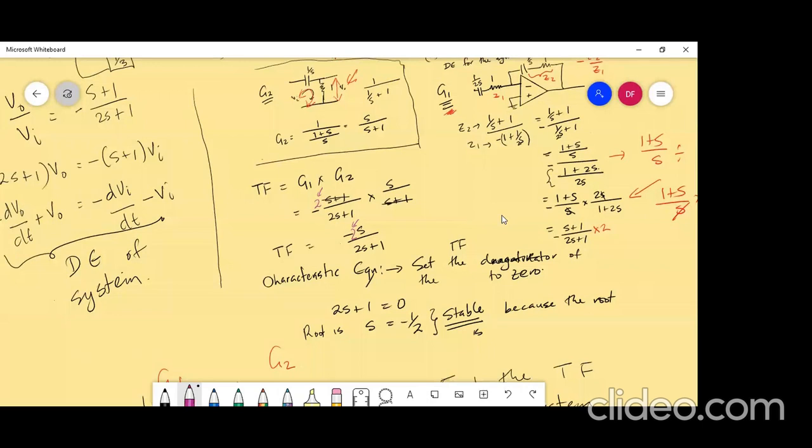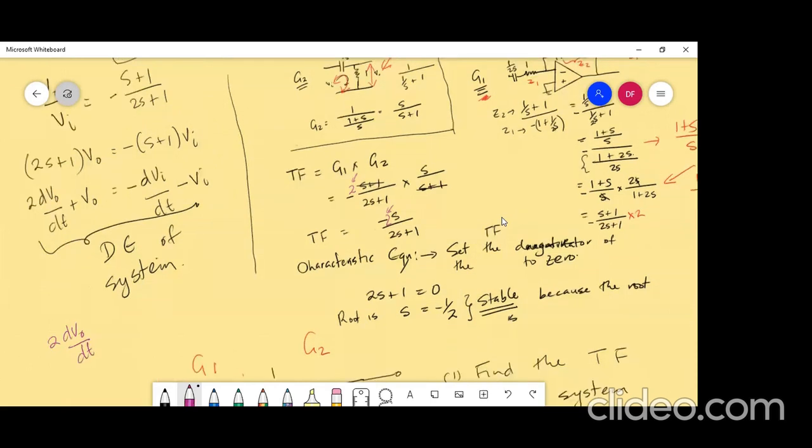So this is 2 dV naught over dt plus V naught equal to the input.